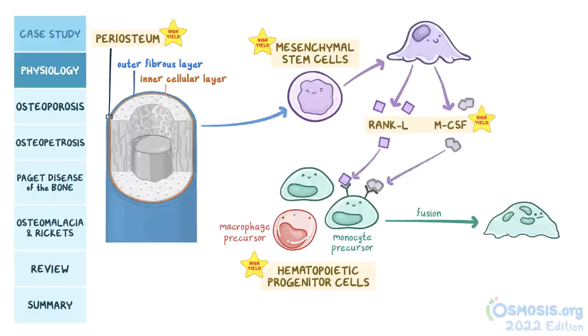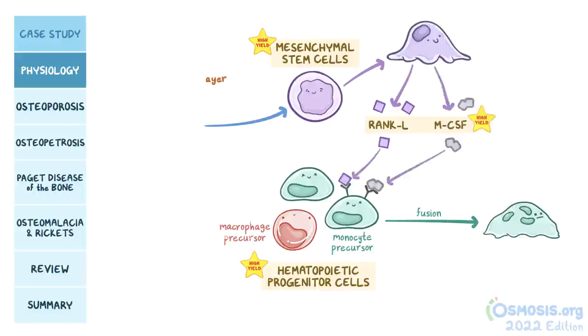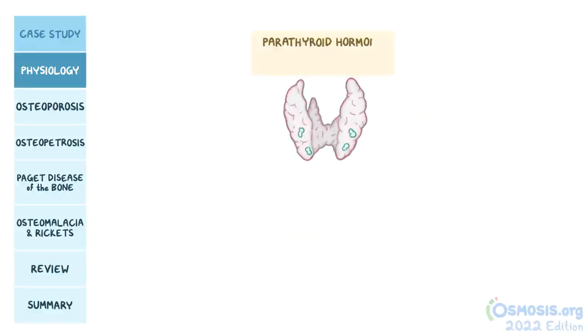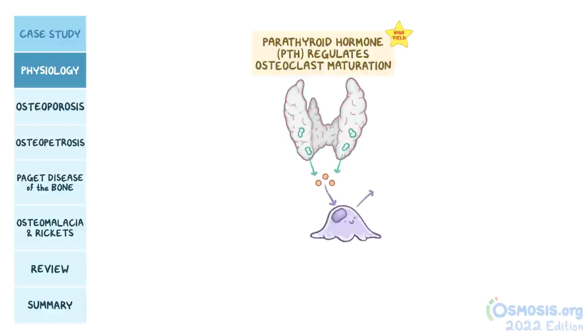the osteoclast membrane. Now keep in mind that parathyroid hormone also regulates osteoclast maturation, but it does so indirectly by stimulating RANKL and MCSF secretion from osteoblasts. However, its action actually depends on its serum levels.